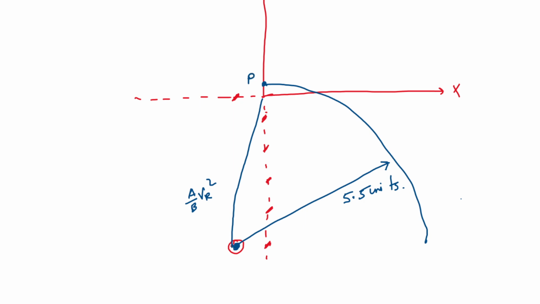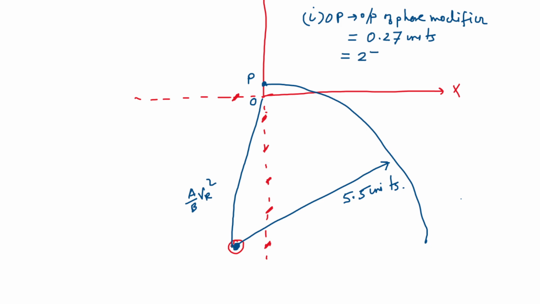Let us say this point is P. So OP of the phase modifier measures 0.27 unit roughly, which is equal to, sorry, not 270, 27 megawatt.